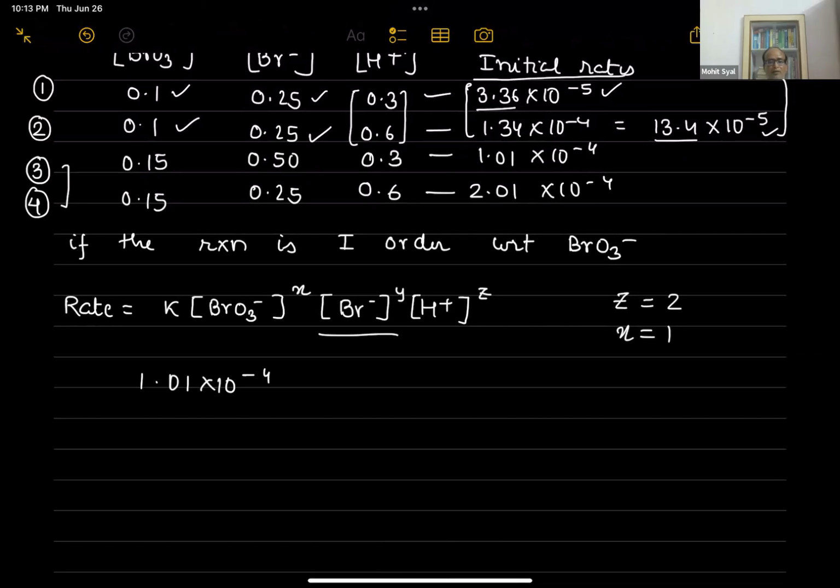In this equation number 3, you have a rate constant, BrO3 minus, that is 0.15 whole to the power 1. X is 1, that is already given in the question. Br minus is 0.5 to the power Y. H plus I have already calculated, 0.3, and the power of H plus is 2. The next set of data is for the fourth equation.